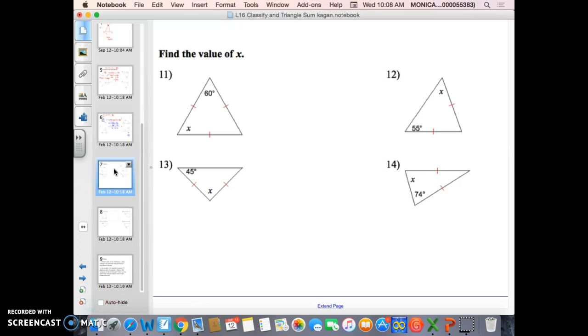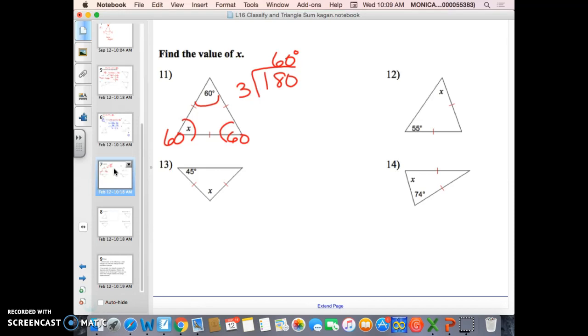For an equilateral triangle, you should remember from your definitions that all 3 sides are congruent, which means all 3 angles are also congruent. So we just use an arc to mark that. So if this is 60, this is 60, and this is also 60. And that's just something we know because if all angles and all sides are congruent, there are 3 angles. So 3 goes into 180 60 times.